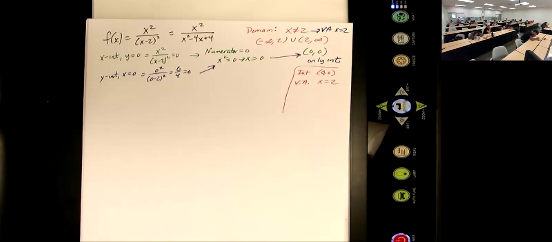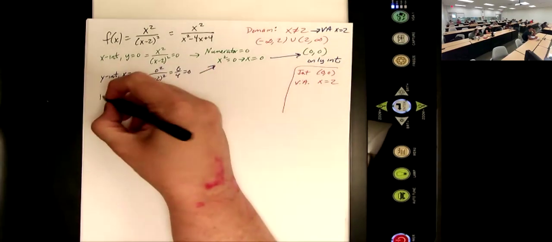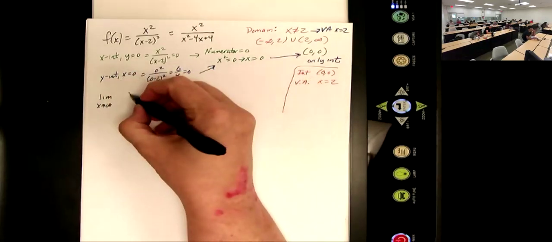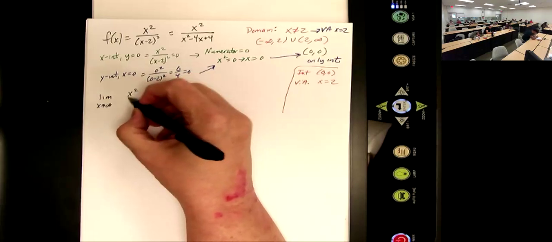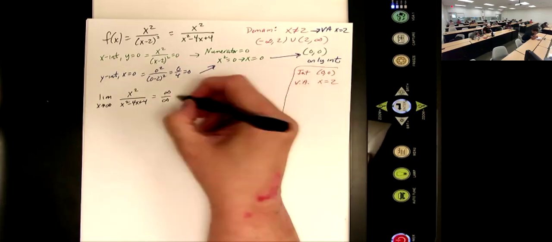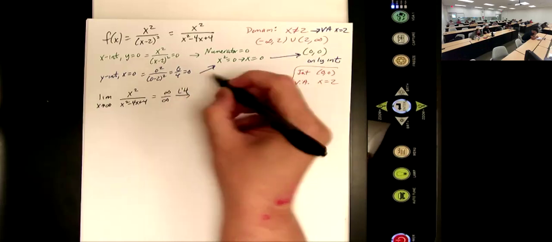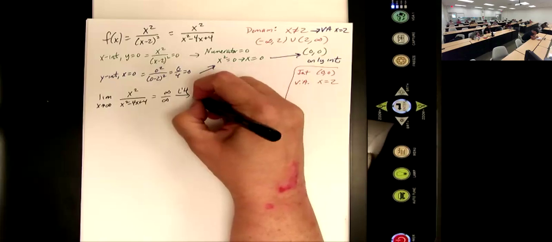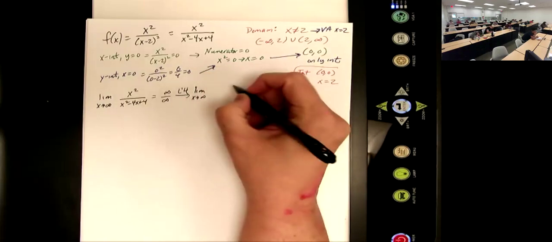Do we have any horizontal or oblique asymptotes? Let's check the limit as x goes to infinity. And this one's probably a little easier to do on this one. That's gonna be infinity over infinity, so we need L'Hopital. Well, there's another way that speeds it up, but if you practice L'Hopital, it'll help you.